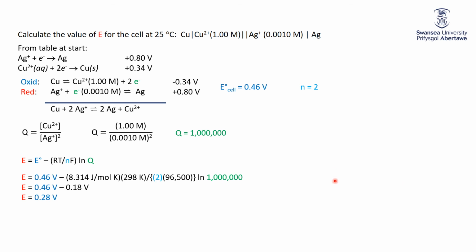However, we're not starting at Q as 1, we're starting at Q as 1,000,000, so we're going to be closer to that voltage, so therefore the voltage to go from where we are is going to be smaller than the voltage from starting at Q equals 1. So therefore 0.28 compared to 0.46, and that difference associated with Q being 1,000,000 is 0.18 volts. Do some of these, of course, in class. Go through them a bit more slowly, but hopefully you'll have a look at these and be able to figure it out.